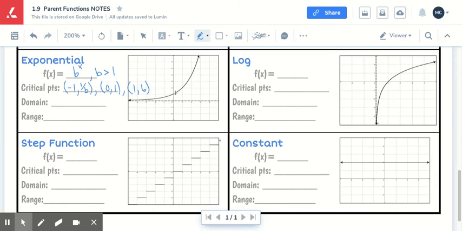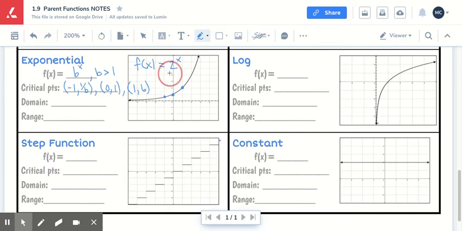And so on the graph, this critical point would be at -1, 1 over 2. So -1, 1/2 would be right there. 0, 1. That one stays no matter what the value of b is. And then the other one is 1, b, and the b value is 2. So this would be at 1, 2. So this particular graph would be f of x equals 2 to the power x.